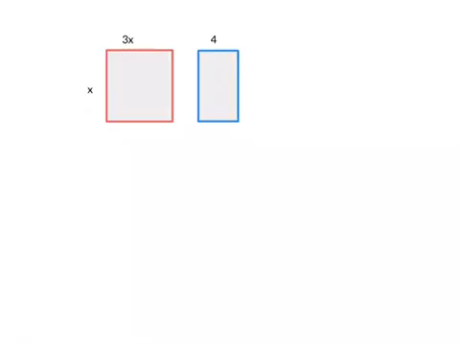We have the area of the rectangle on the left, which is red, and then we have the area of the rectangle on the right, which is blue. So to write these as the area as a sum, we're going to have to do x times 3x. Then we're going to have to take x and multiply it by 4.